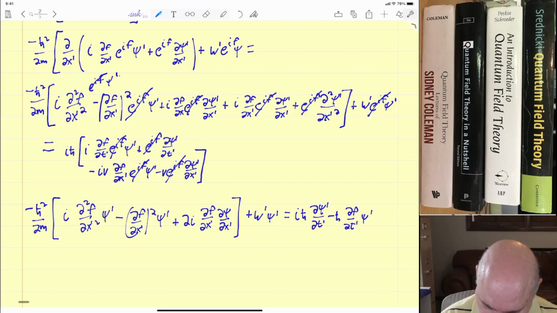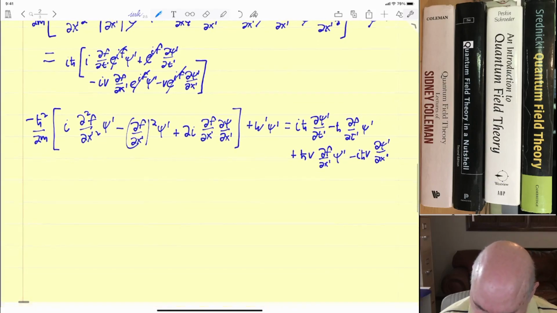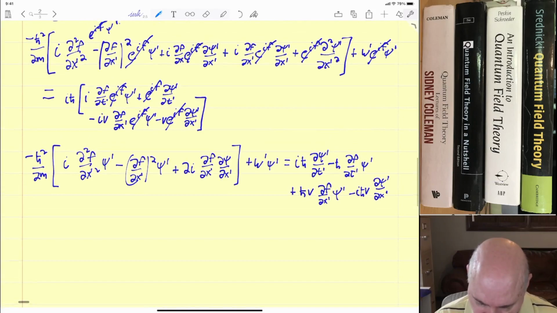And now I have a minus i and an i, which gives me a plus 1. So I have plus h bar v, the partial of f with respect to x prime, psi prime, minus the last term, i h bar v, the partial of psi prime with respect to x prime. Okay, so this is our equation that we want to hold.